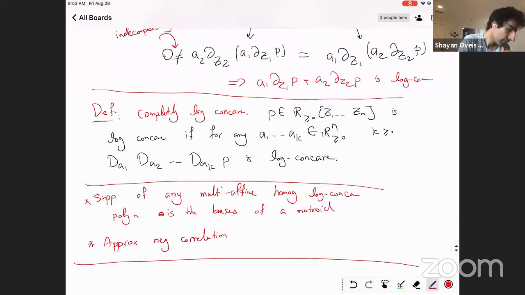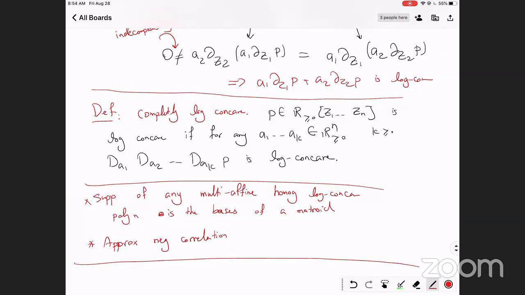Maybe another question is about the definition of completely log concave. Here we use the notation of capital D. Is this a little bit stronger than saying all the partial derivatives of P are log concave? This is saying all directional derivatives of P are log concave.